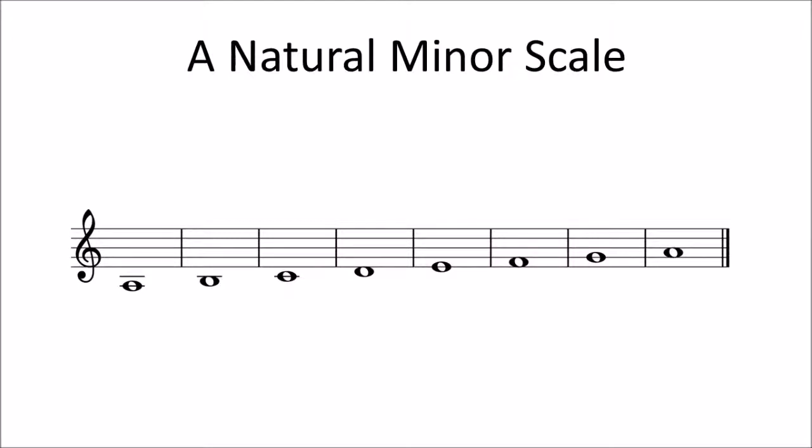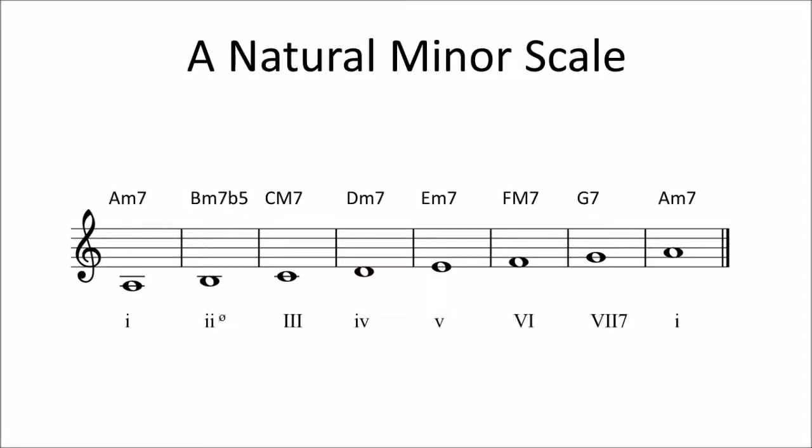Now let's look at the natural minor scale. The relative minor of C major is A minor, so we're just going to stick with that. So now we'll work with the key of A minor. And the chords are going to be exactly the same. The only thing that changes is the degrees of the scale. The first degree of a natural minor scale is going to be the sixth degree of its relative major.